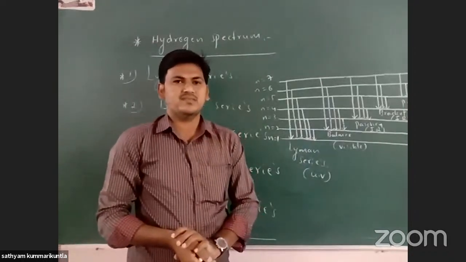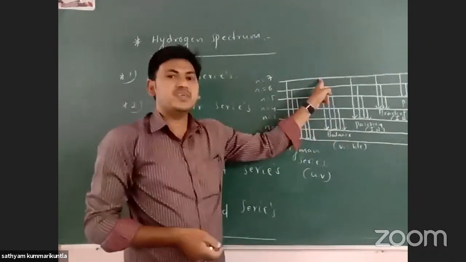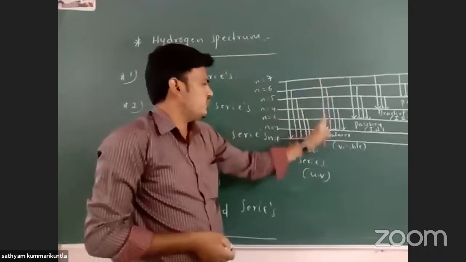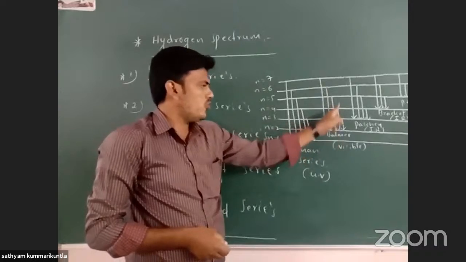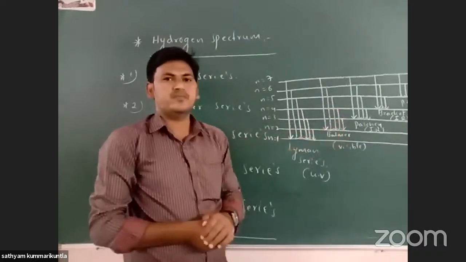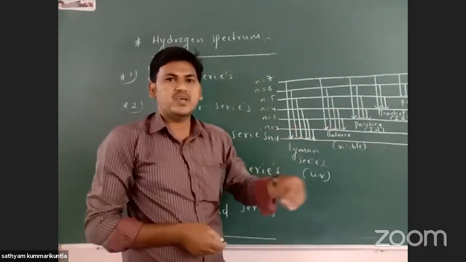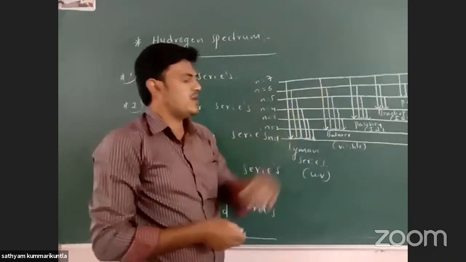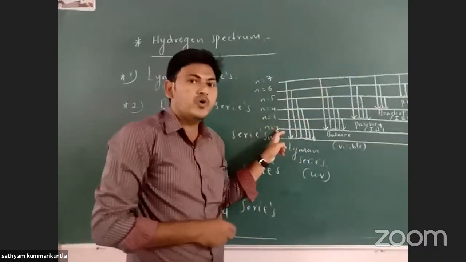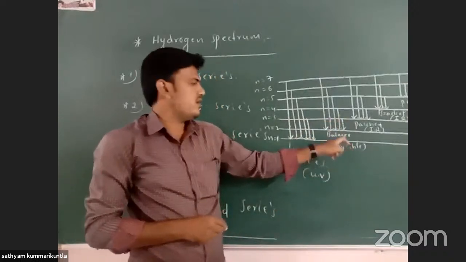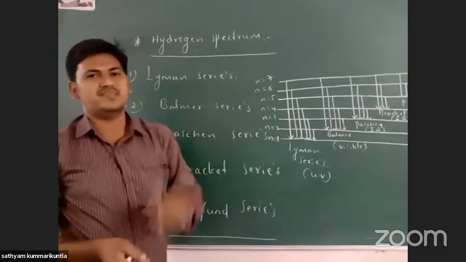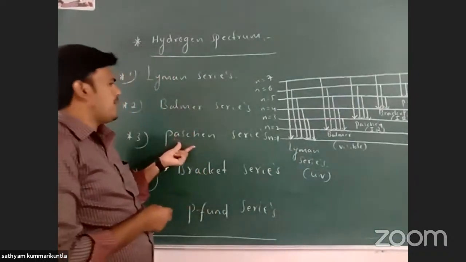That means 7 to 2, 6 to 2, 5 to 2, 4 to 2, 3 to 2. Balmer series, clear?